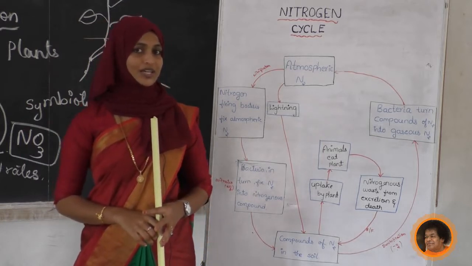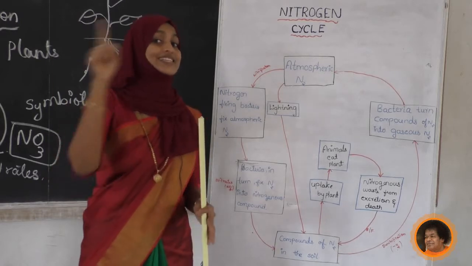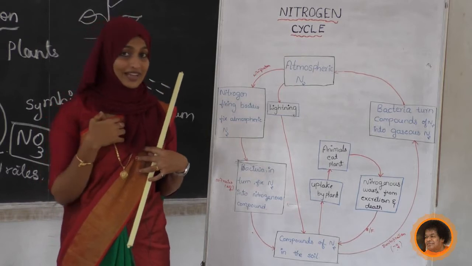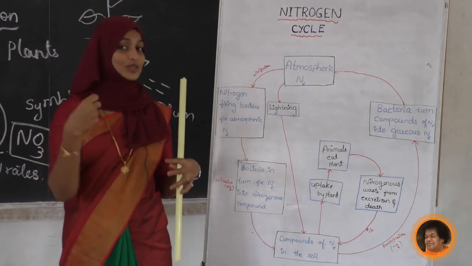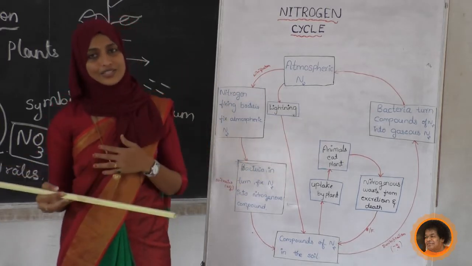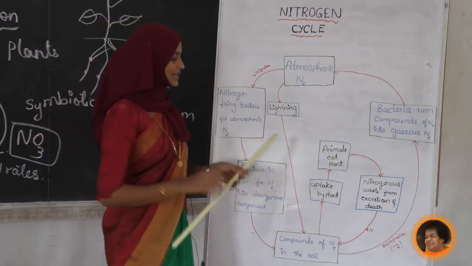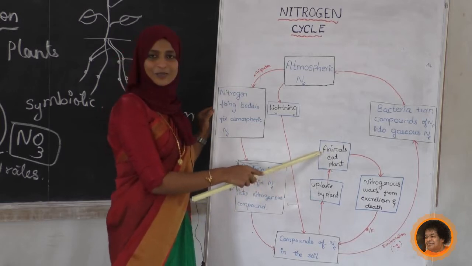Before, it was in the atmosphere, now it reaches the soil, next it reaches the plant body. Next, we the animals are eating those plants. Now that nitrogen reaches our body. Animals eat plants, so nitrogen is now present here also.